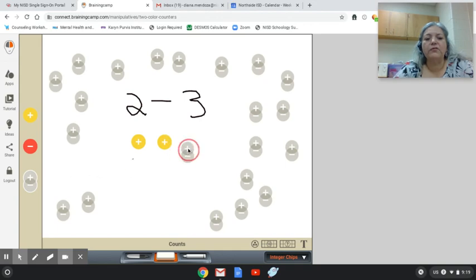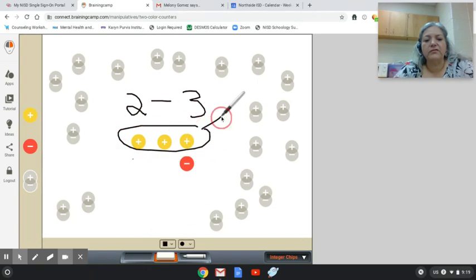So if I add one more 0 pair and break it up, then I'm able to take away the 3 positives. So I'm left with 1 negative. So my value is -1. Looks complicated, but it's really simple if you have your sea of zeros available for you. So let's try another one.